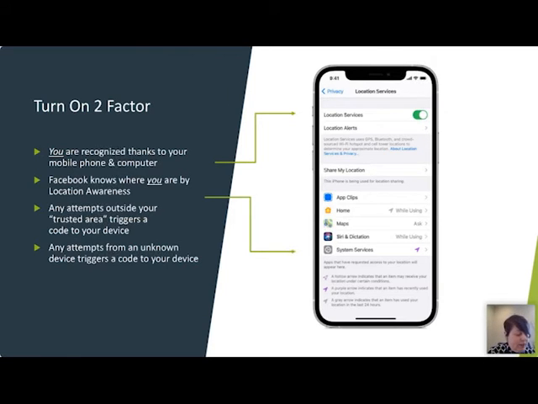So if somebody in New York is trying to access my account, it triggers the fact that you're not in the same location as the device. Facebook will use that location awareness to check with you to make sure that it was in fact you, and it'll prompt you. So these trusted areas are basically part of the safeguard.